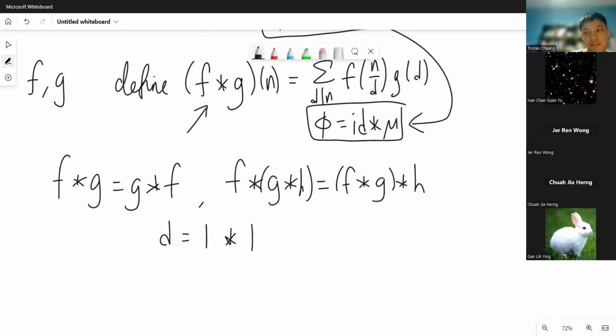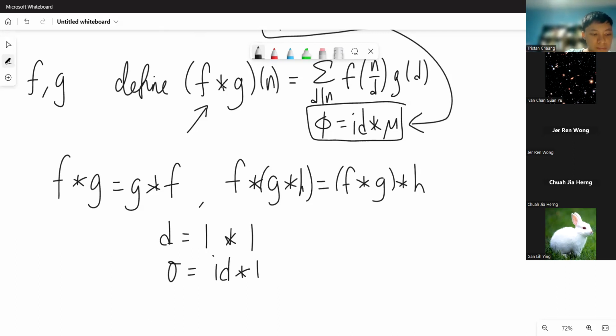Okay, 1 is the function that gives 1 for every single n. And sigma, the sum of divisors function, is ID star 1. Right? So think about why. Plug it into the convolution definition.